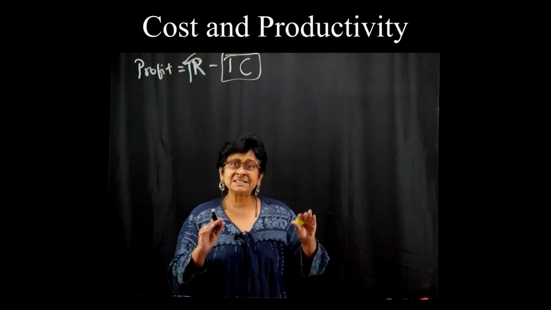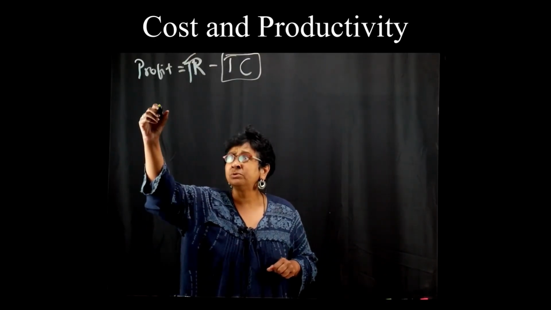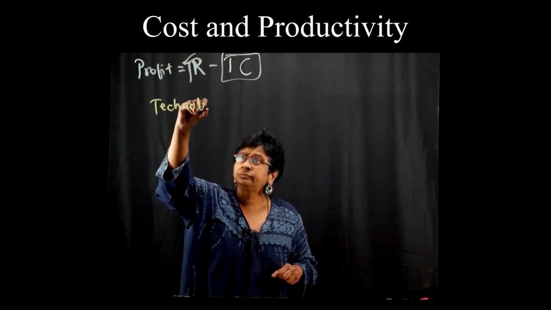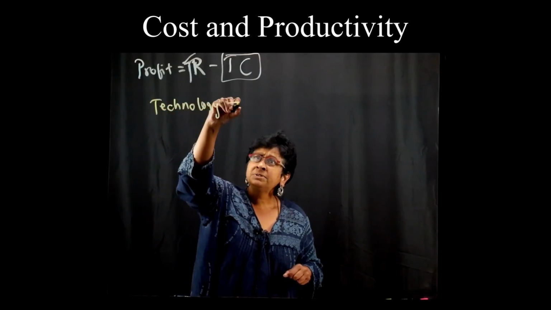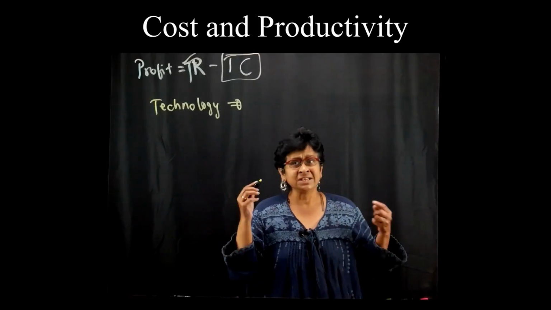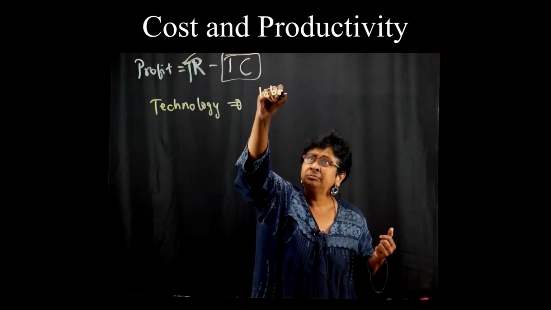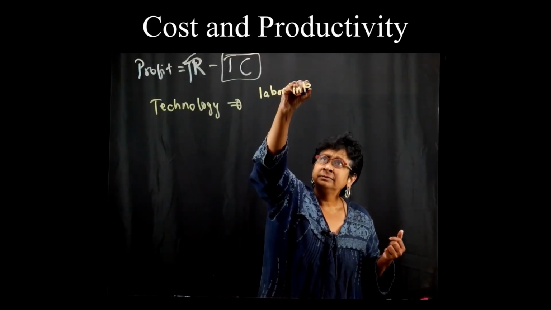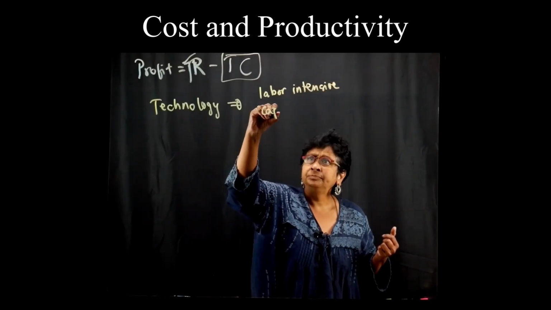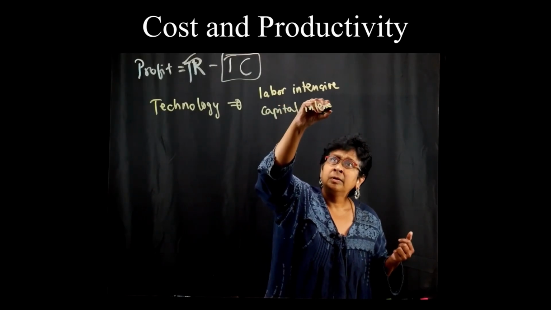And so when a firm is deciding how to produce, I'm going to start by noting that in terms of technology, firms have an option to think about producing in different ways, and it can produce using either a labor-intensive or a capital-intensive mode.